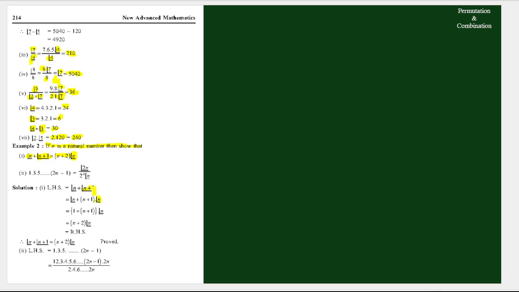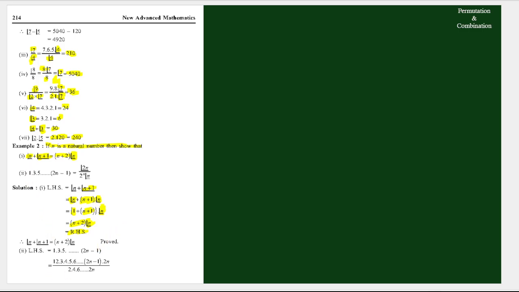So factorial of n plus 1 will be n plus 1 into factorial n. Now you can take factorial n common. From here you got 1, here you got n plus 1. So 1 plus 1 is n plus 2 factorial n. Same with the right hand side. So it is proved.